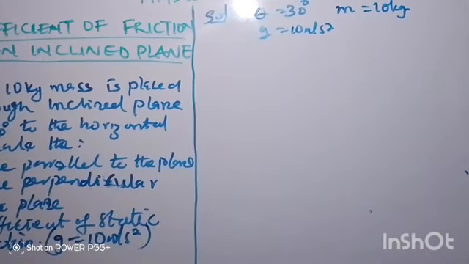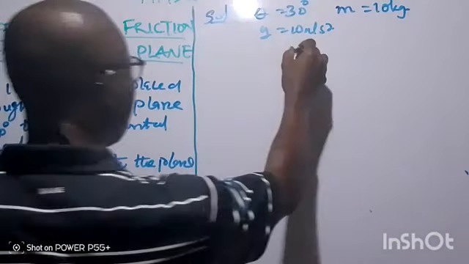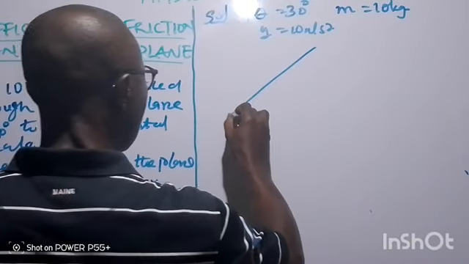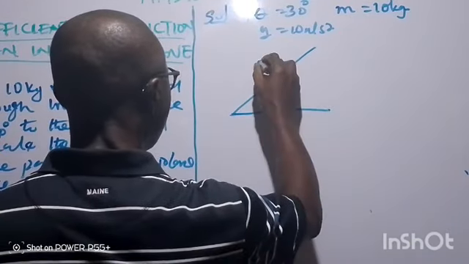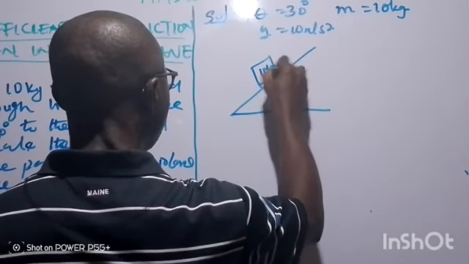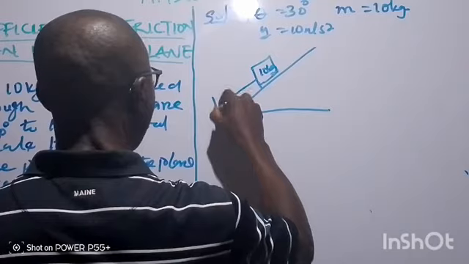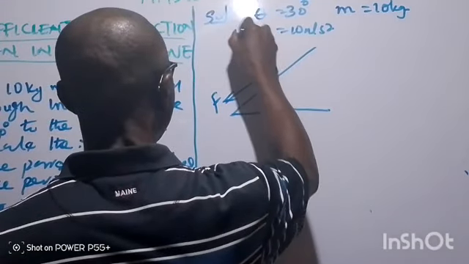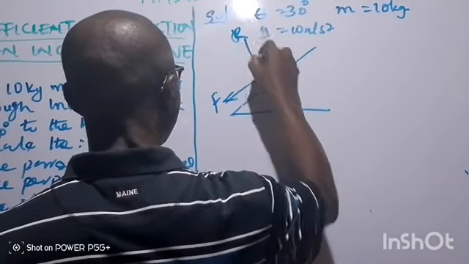Now we have to calculate force parallel to the plane. Let's put it into a drawing. Let's say this is the body. The mass is 10 kg. Then force parallel to the plane. Then we have to calculate force perpendicular to the plane, which is normal R.